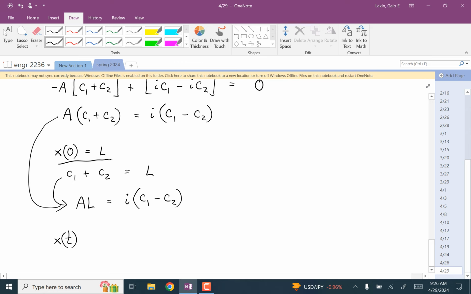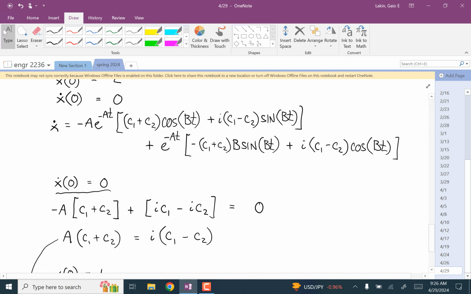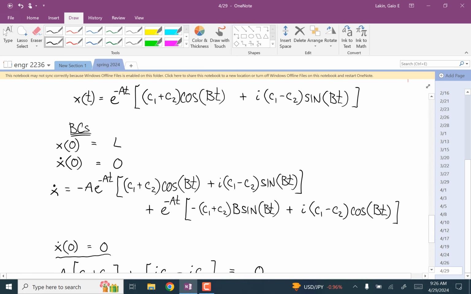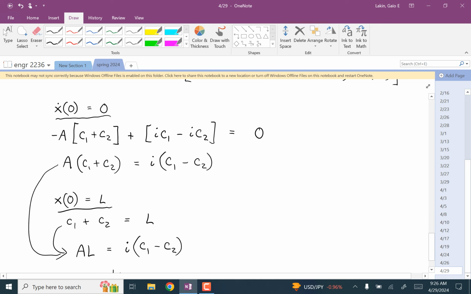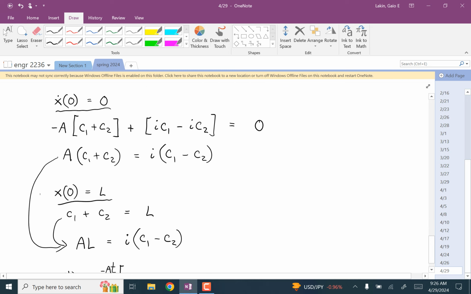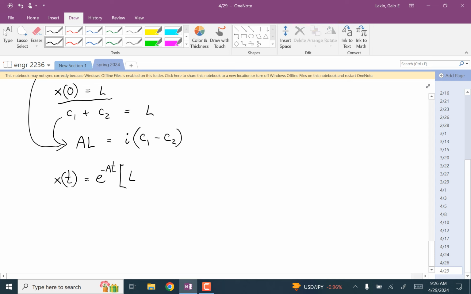We can add these updates, and we have e to the negative at times, here's our expression for x, c1 plus c2 is equal to L. So we have L times the cosine of bt.